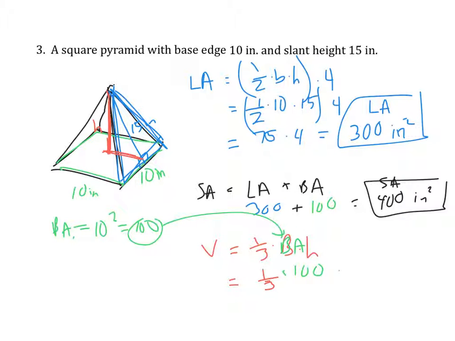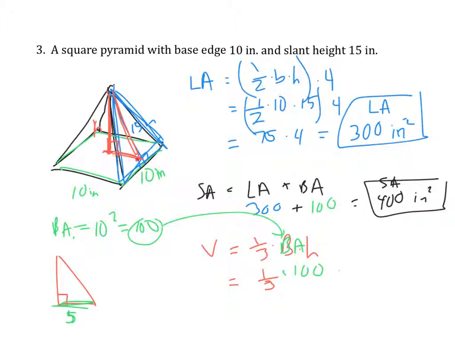In order to find that height, I'm going to do what I always do, which is make a triangle. And that's going to be the right triangle that I use. I'm not sure if you can follow that. I know it's a little hard to see with these pictures. But I just made a right triangle that goes halfway across the base, which means the base is 5. That is, again, halfway across this.